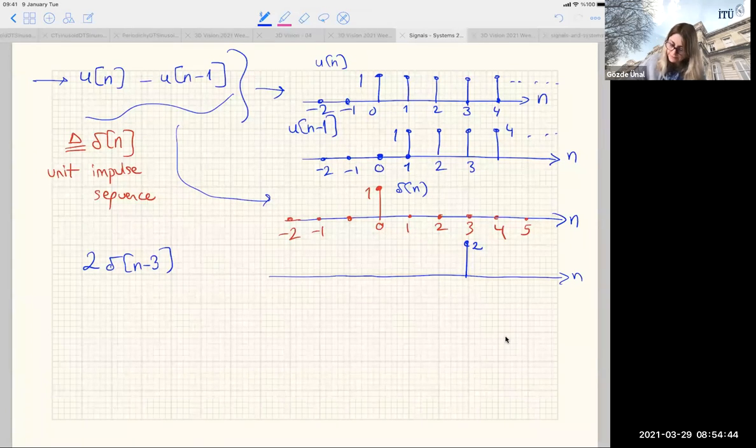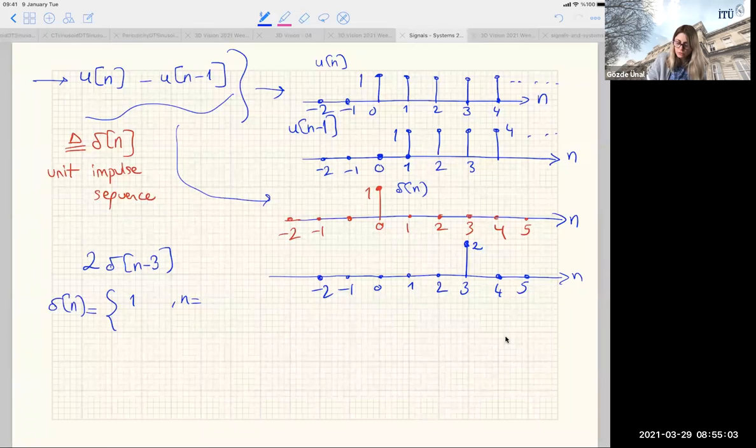It's not in scale, but it's 0 everywhere, and non-zero at the index n equals 3 with amplitude 2. That's it. It's all zeros everywhere else. So delta n is 1 for n equals 0, and 0 for all other n, and the same for the shifted versions.